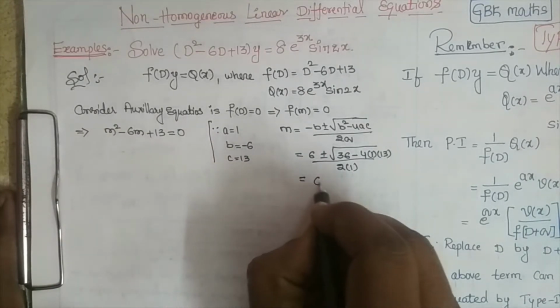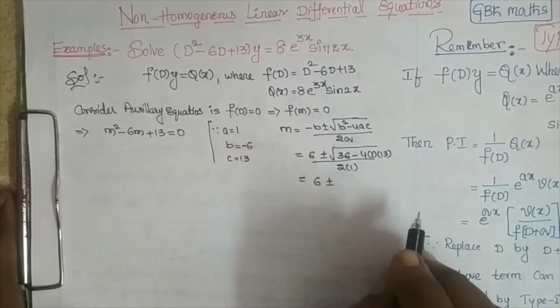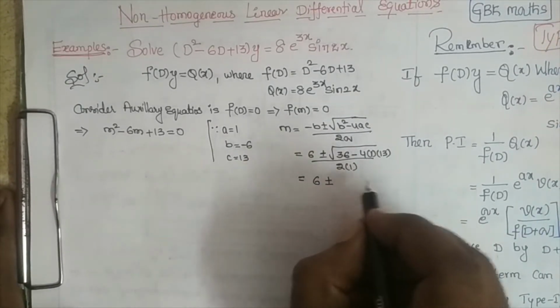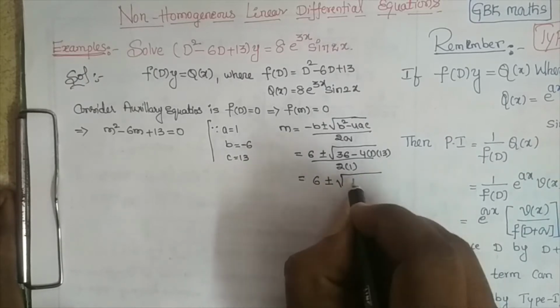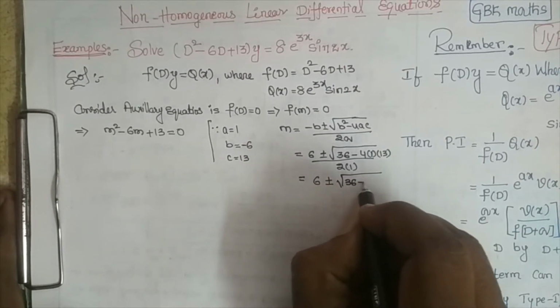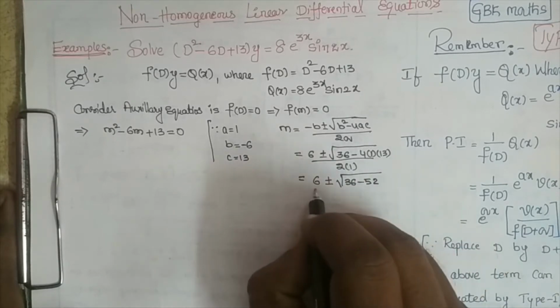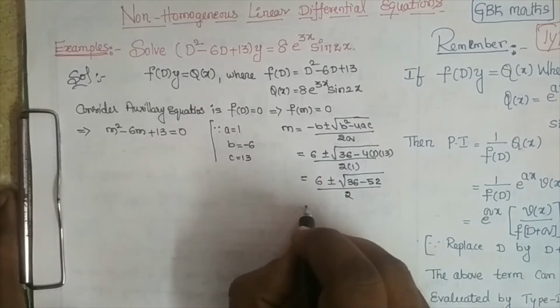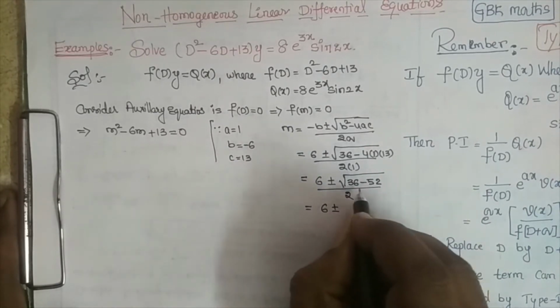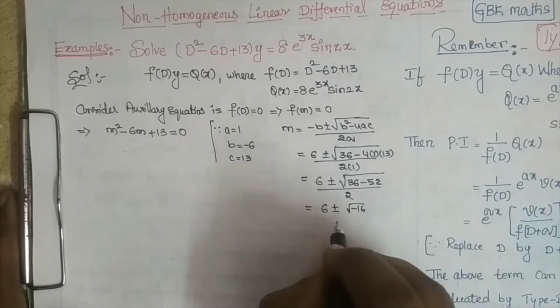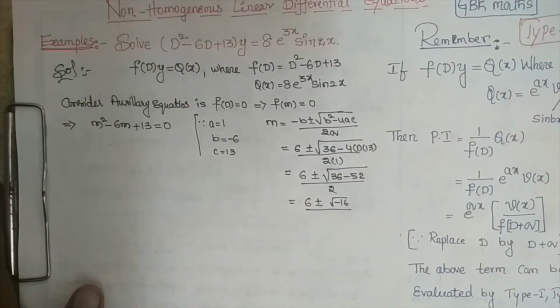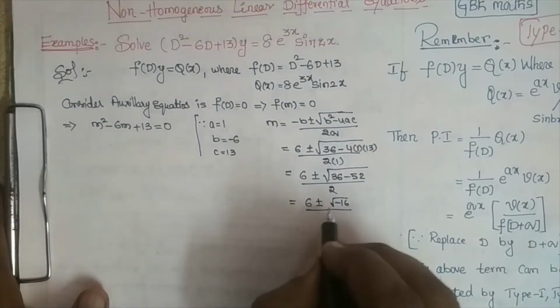So which is equal to 6 plus or minus root of 36 minus 52, by 2, which is equal to 6 plus or minus root of minus 16 by 2.